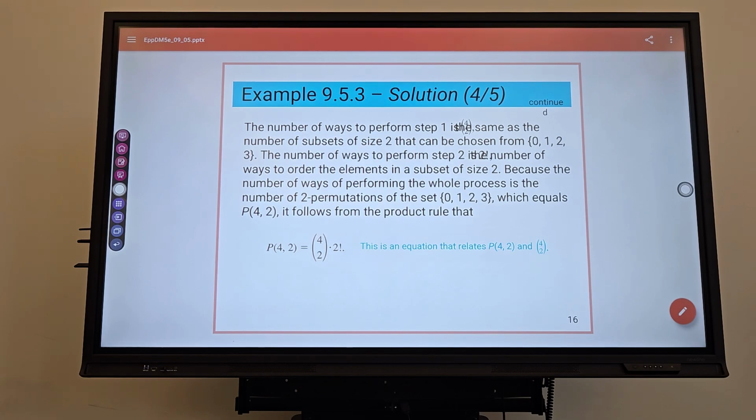Because the number of ways of performing the whole process is the number of 2-permutations of the set, which equals P of 4 and 2, it follows from the product rule that P of 4 and 2 equals 4 choose 2 times 2 factorial.